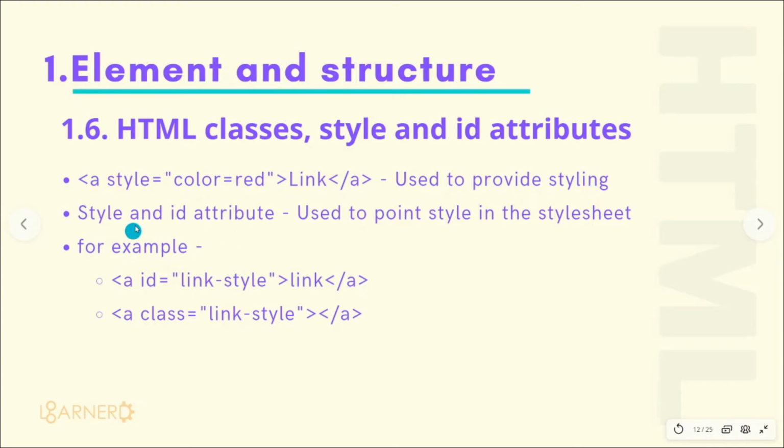As you can see, in an anchor tag we have added an attribute of style, and we are providing information that we want to add a color of red. Similarly, this style is working. And there are examples of ID and classes also. I have added an ID of link style, so using this ID, I can style this particular element.